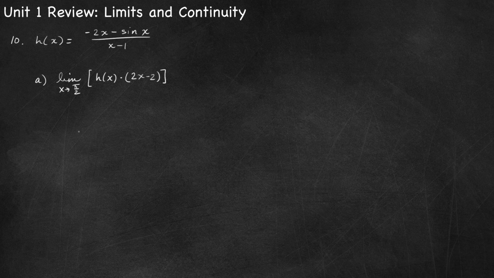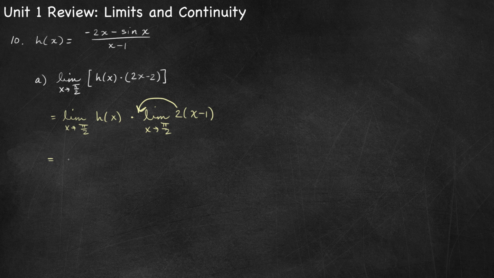Number 10, we want the limit as x approaches pi over 2 of the function h times the quantity 2x minus 2. So we know from our properties of limits that we can split this up into the limit as x approaches pi over 2 of h of x times the limit as x approaches pi over 2 of 2x minus 2, which I could write as 2 times x minus 1, and then bring the 2 outside of my limit if we want to.